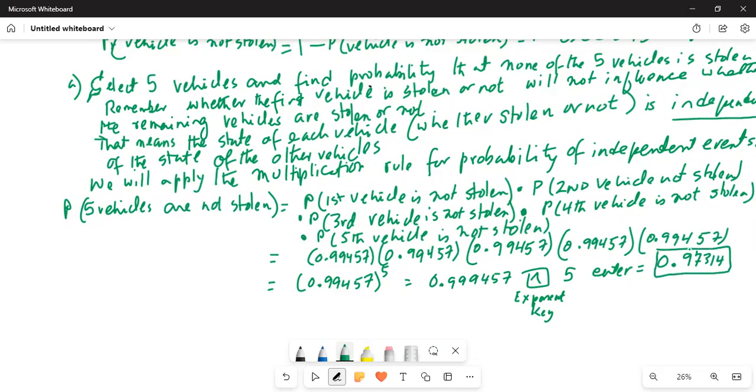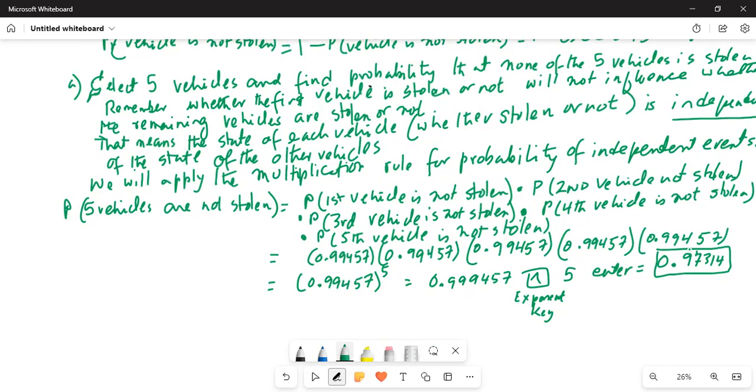So just to summarize, we applied the multiplication rule for probability of independent events. So the probability all 5 vehicles are not stolen is equal to the probability of the first vehicle is not stolen multiplied by the probability of the second, third, fourth, and fifth vehicles not stolen.